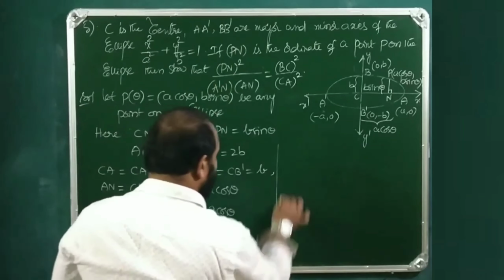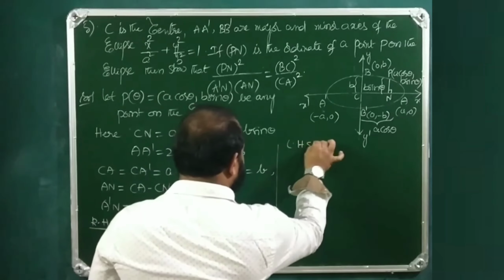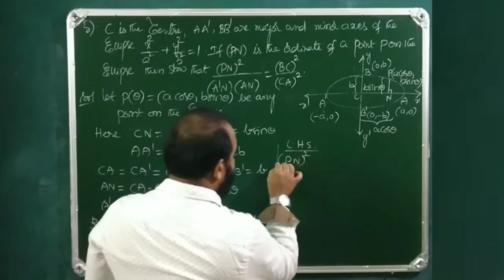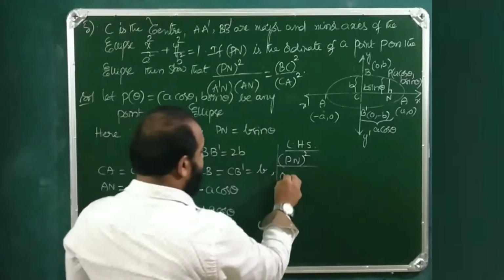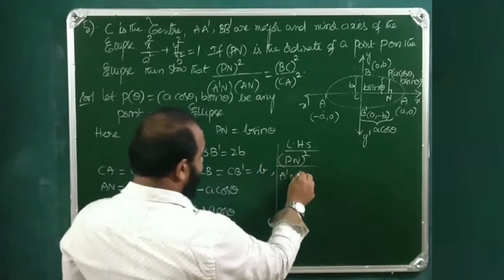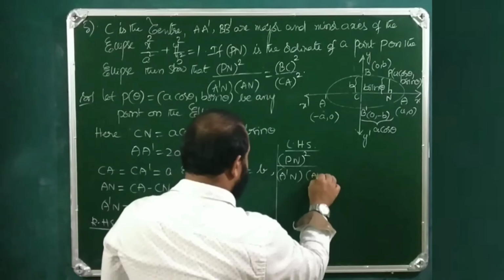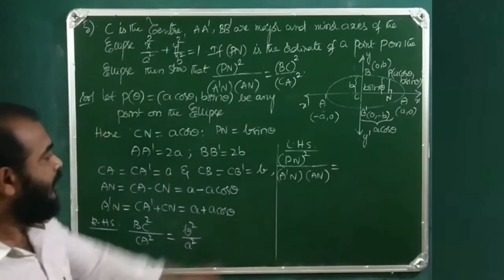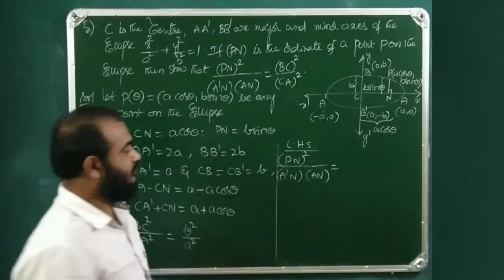So for this I take LHS. So Pn whole square by A dash n into An. So what is Pn? Pn is B sin theta.